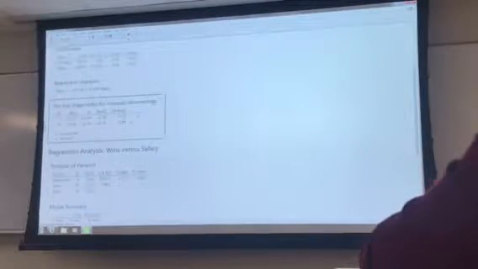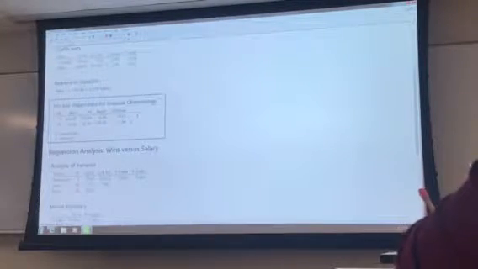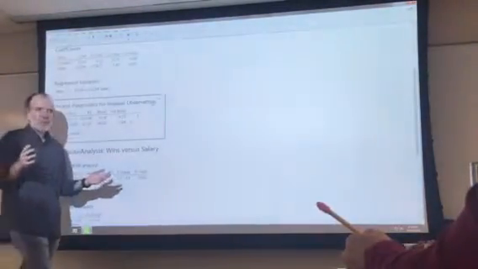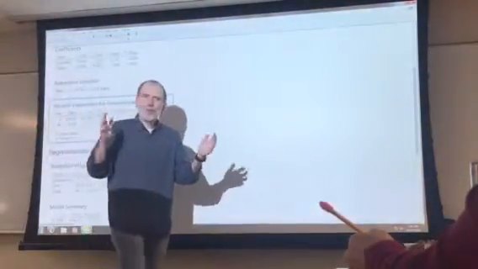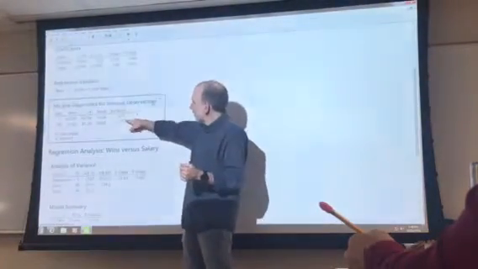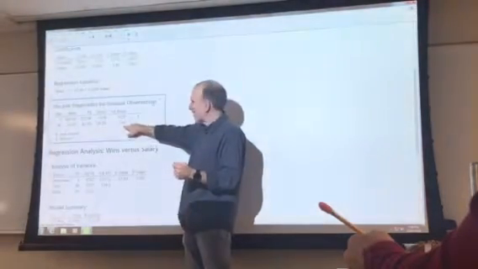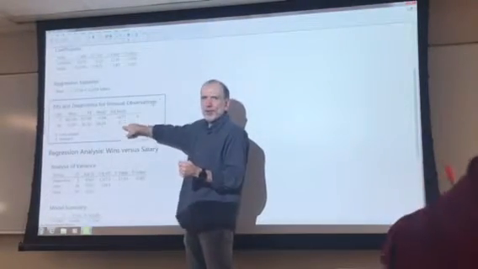The empirical rule basically told us if we're looking at bell-shaped stuff, then about 95% of the observations should be within plus or minus 2 Z, 2 standard deviations of the mean. Notice Minitab has a column here called standardized residual. That's essentially Z-scores for your errors.